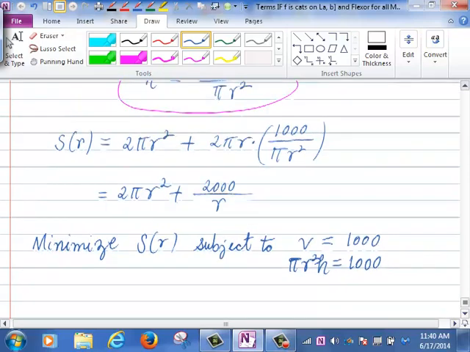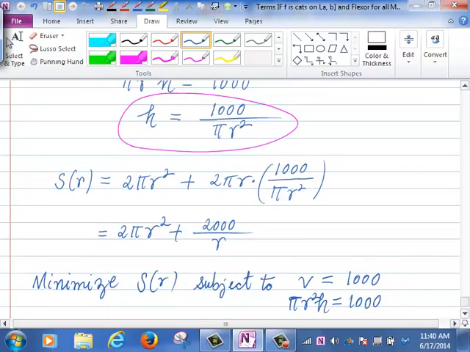Well, I would argue that r could be any positive value. You might say why? Well, I can pick r to be 1 million centimeters, so I'm going to have a really fat cylinder, but then the height would be very, very tiny, right? If I pick r to be 1 million centimeters, then h would be calculated according to this formula here.